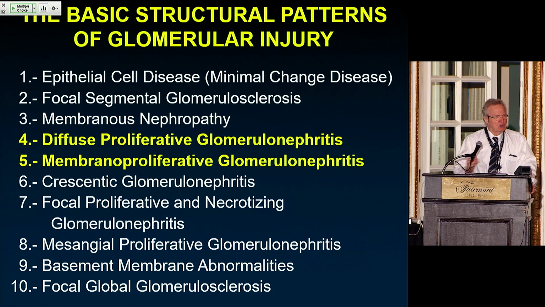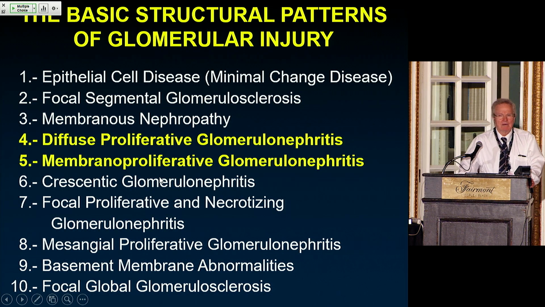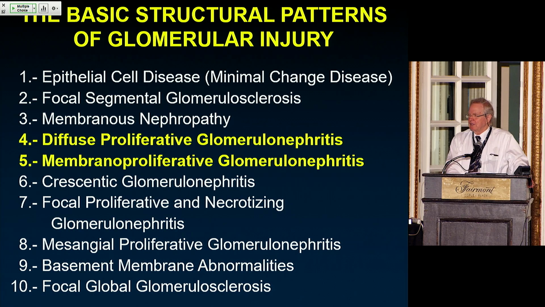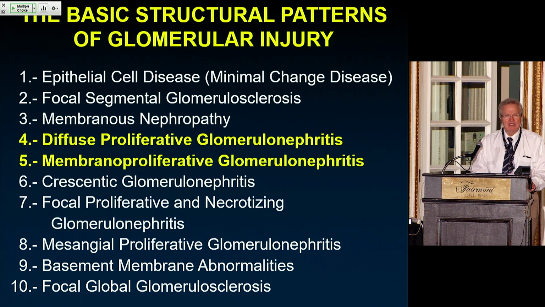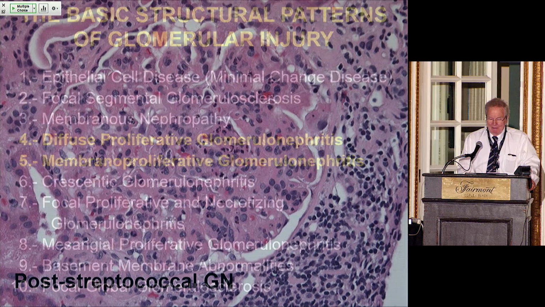And therefore, these two patterns of injury are one and the same, linked by time. If the patient has a self-limited disease, short-lived streptococcal infection, we call it diffuse proliferative. If the patient has a chronic infection or a chronic autoimmune disease such as lupus, usually the inflammation results in formation of double contours, and then we call it a membranoproliferative.